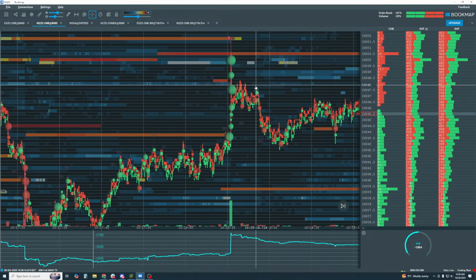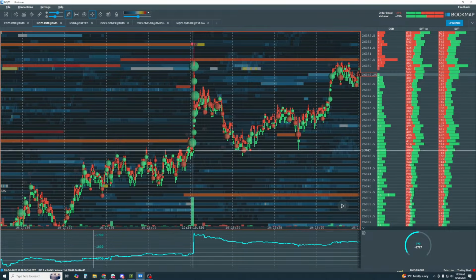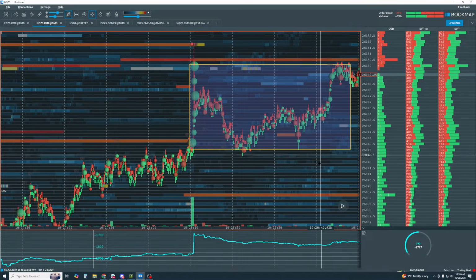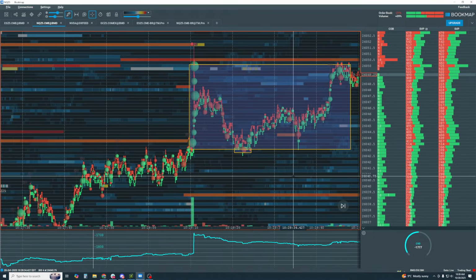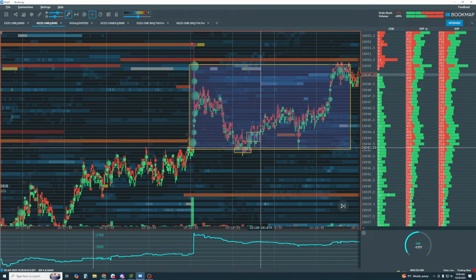Even this is still a low volume pullback down to here. This is the big move, defining things at that point, and then we can draw a rectangle across in here. Down here, we found some sellers, but buyers came back in, and they're going to move it back to where those sellers dropped it here.